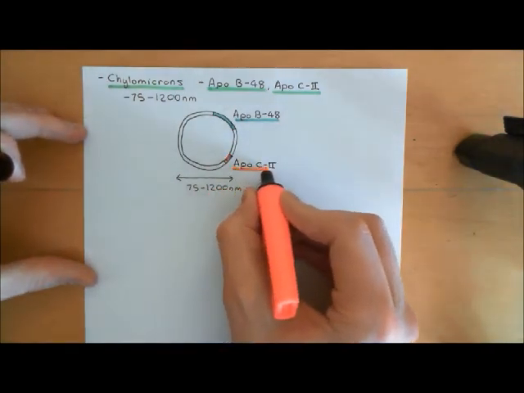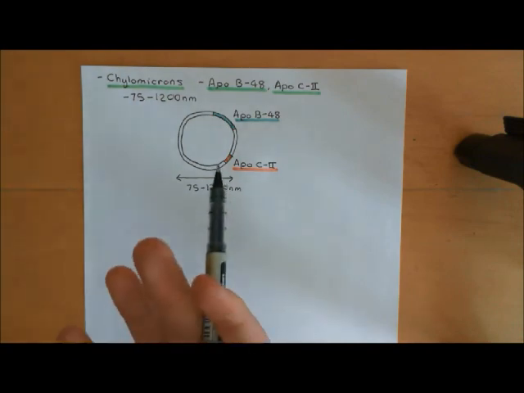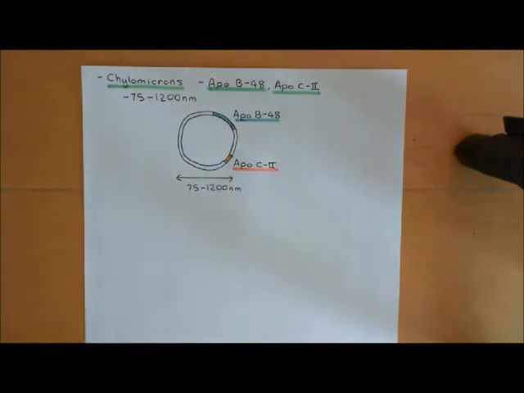Now, as I said when we were discussing lipoproteins in generality, the chylomicrons will have many other apolipoproteins beyond these two, but these are the two that I am actually going to tell you the function of, and therefore these are the two essential ones that you need to know. If you want, you can go away and learn the full list of apolipoproteins present on chylomicrons, but these are the two that it's absolutely imperative to know.